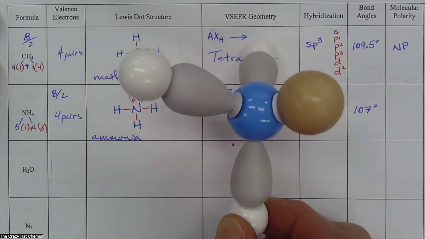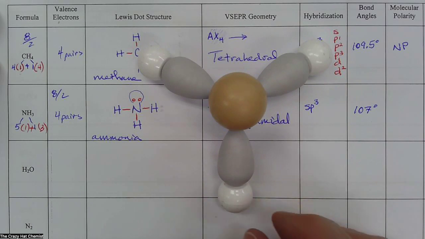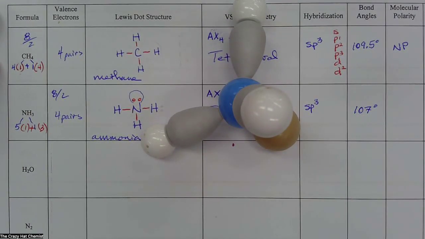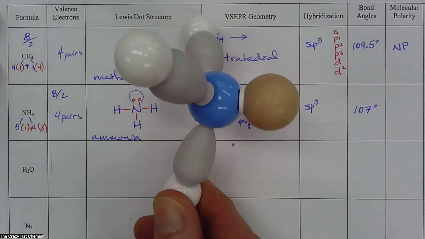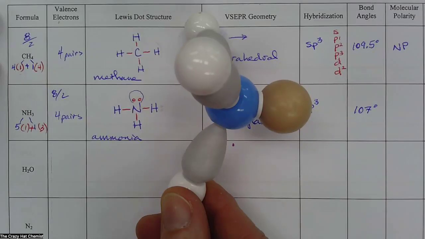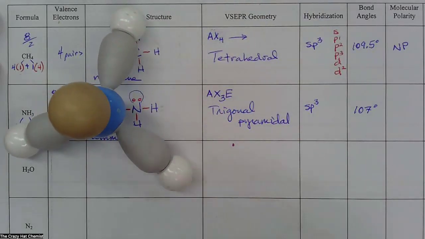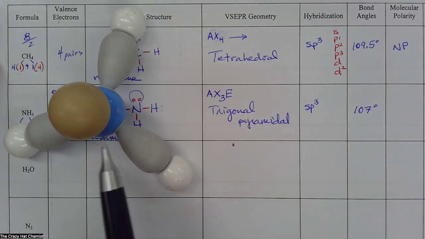And that little tan thing on top, that is the lone pair on the central atom. Now you should see that this molecule here is not completely flat. That is, the hydrogens and the nitrogen are not in the same plane. That makes this trigonal, 1, 2, 3 hydrogens, pyramidal. So this is pyramidal in shape.